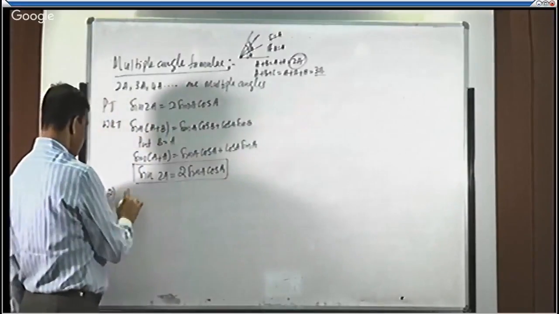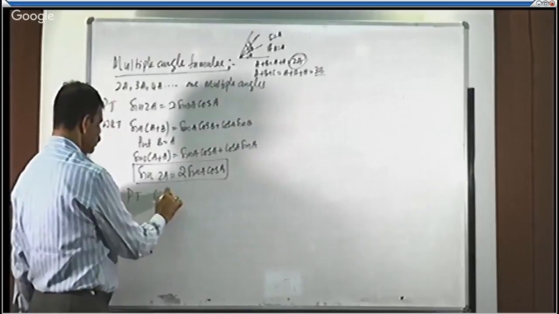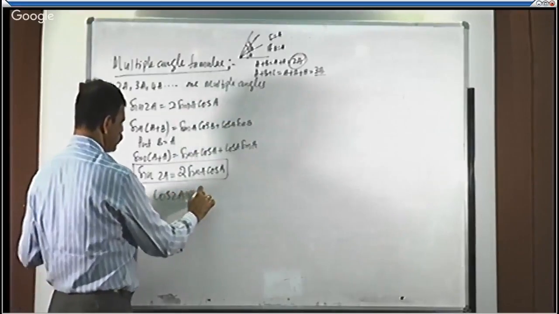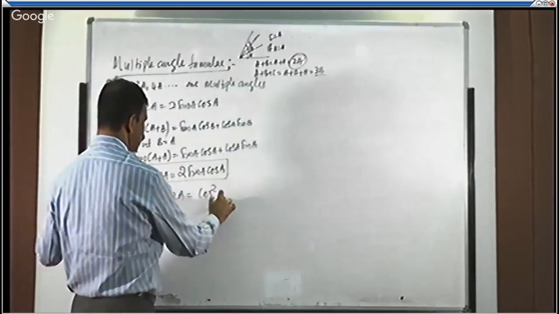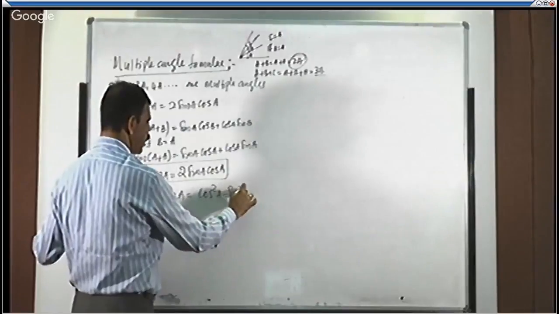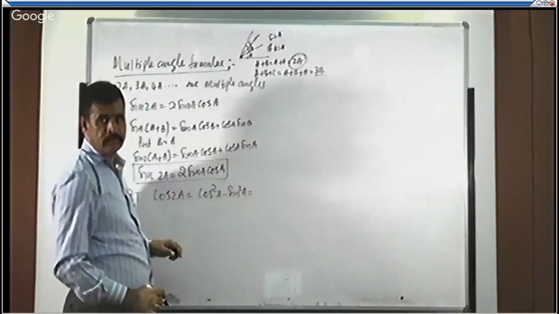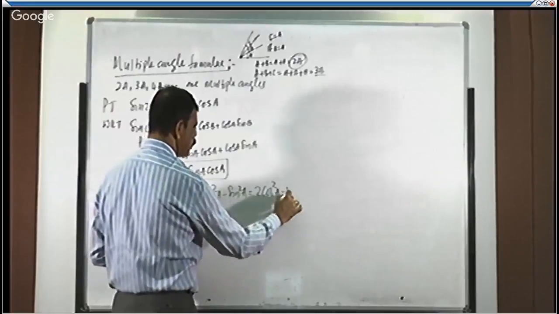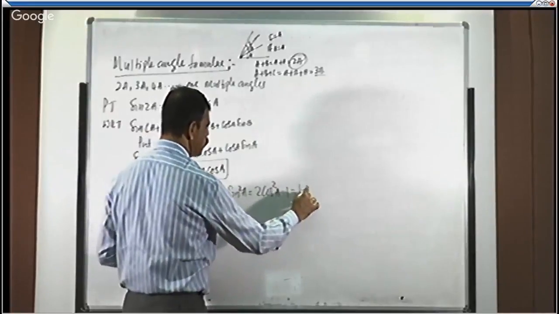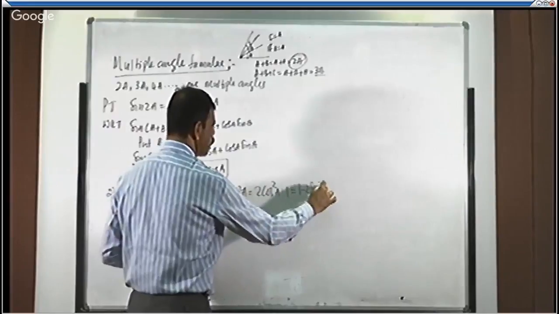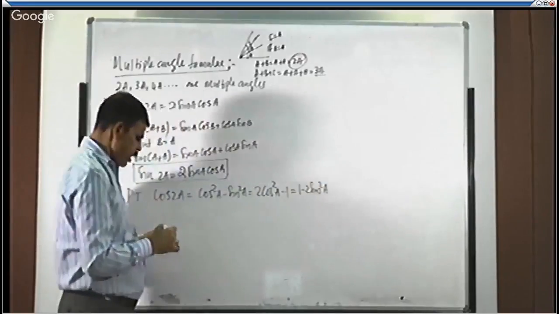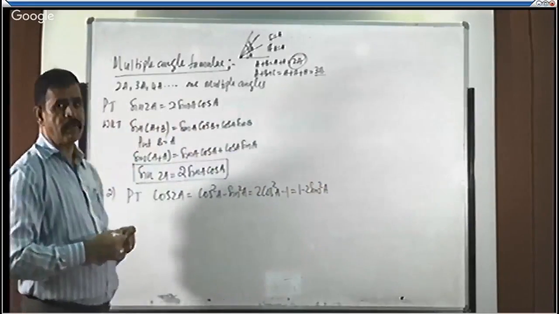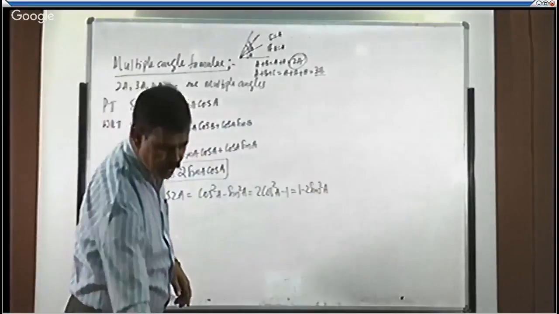Second one, prove that cos 2A is equal to cos square A minus sin square A, that is equal to 2 cos square A minus 1, or which is equal to 1 minus 2 sin square A. We have three different formulas for cos 2A.